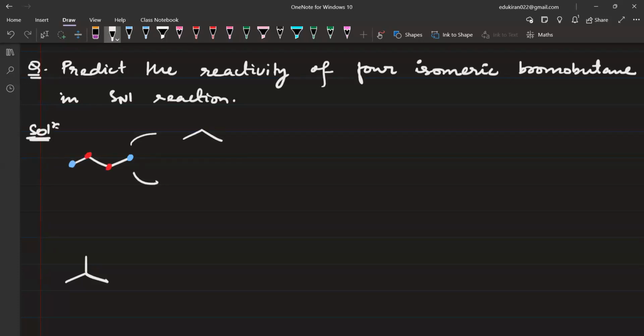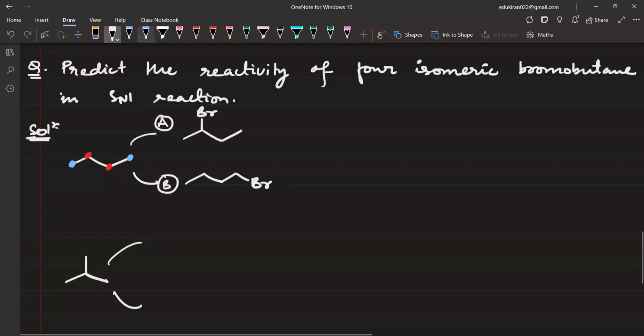Okay. So you'll have one like this, and you'll have Br like this. So these are the two possible bromobutane from the normal butane. Now let us call this A and let us call this B. If I talk about this structure, then it is going to have two structures.